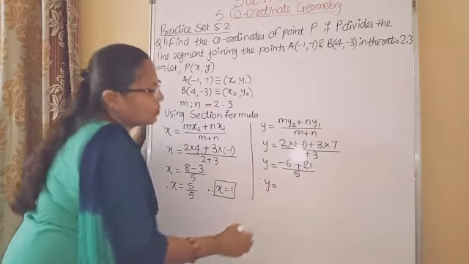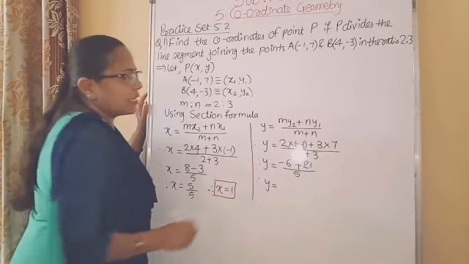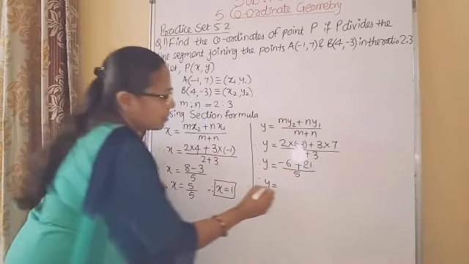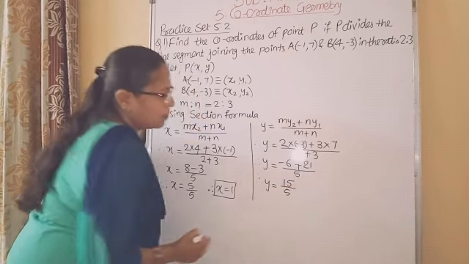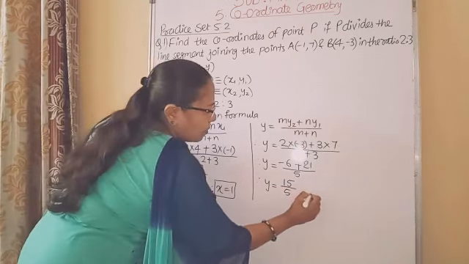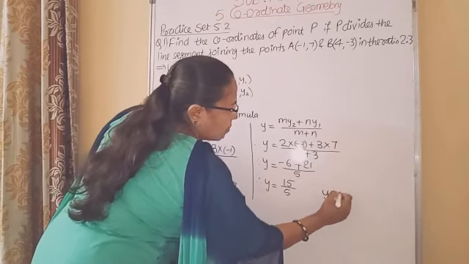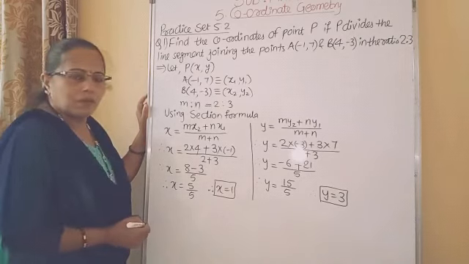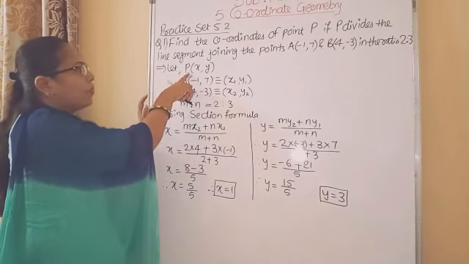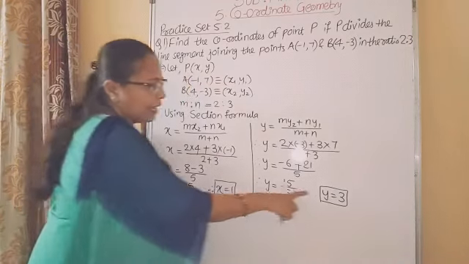Therefore, y is equal to 21 minus 6, 15 upon 5. And therefore, y is equal to 3. Followed? So, we got coordinates of point P are (1, 3).